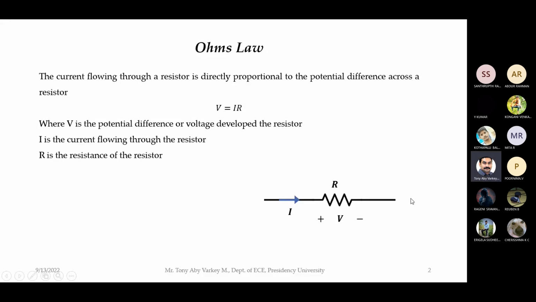If the current was entering from the other end, then the positive of the voltage would be there and the negative here. So always remember this convention. Voltage developed across a resistor is V equal to current times the resistance R, and the positive sign is at the point where the current enters the resistor.